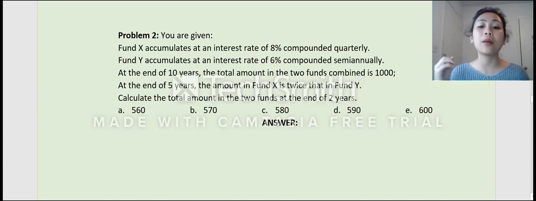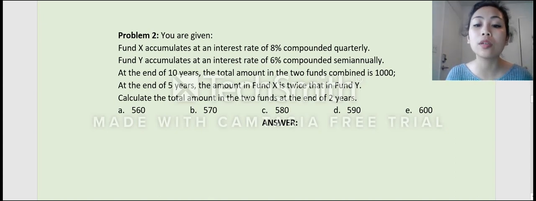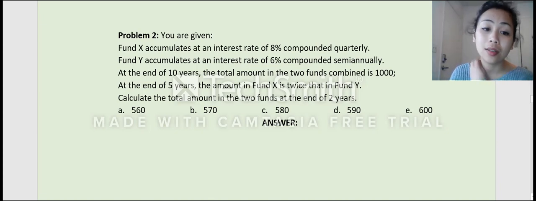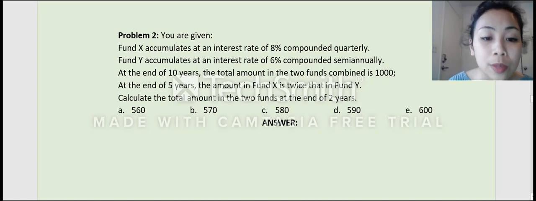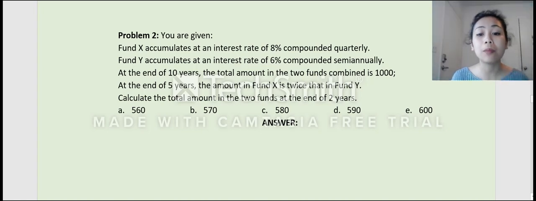If the question says compounded quarterly, monthly, semi-annually, annually, or compounded 6 times a month, something like that, that means the question gives you the nominal rate, not the effective rate. So fund X accumulates at an interest rate of 8% compounded quarterly.